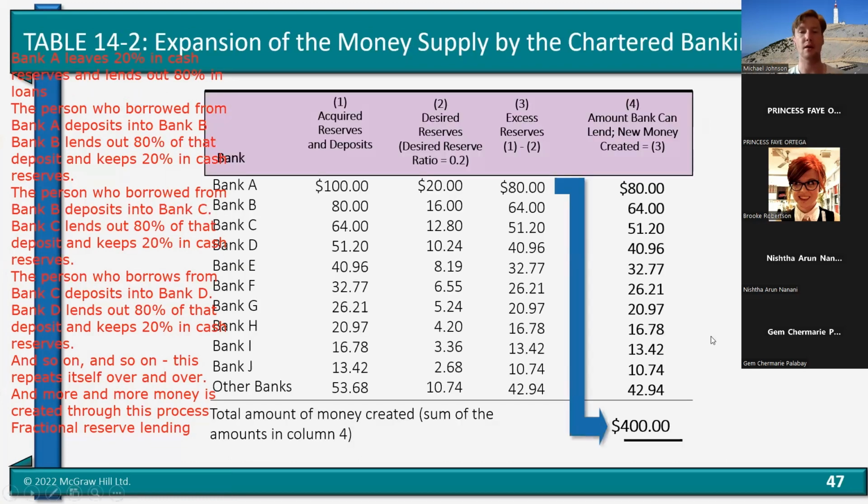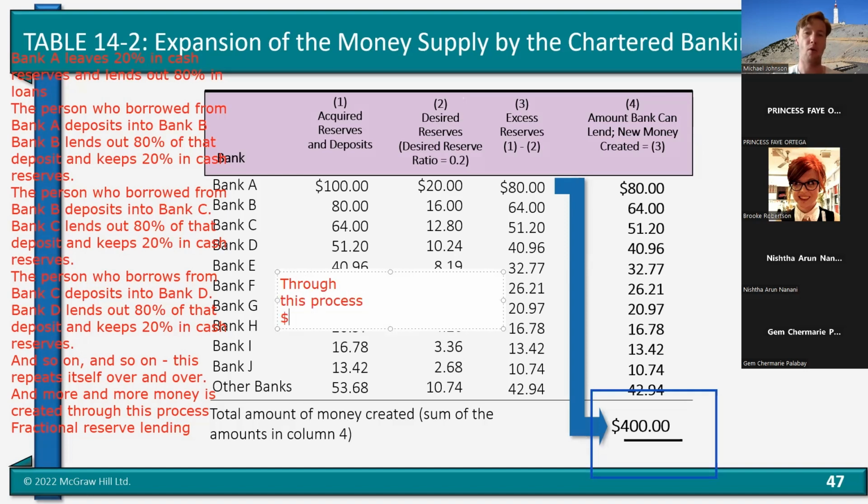So as you can see here, $400 in this case is made. I'll annotate. So here, $400 is created through this process, compared to 100 at the start.